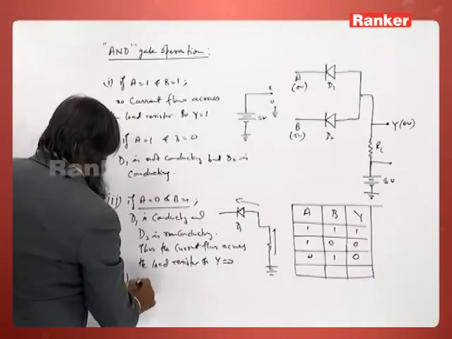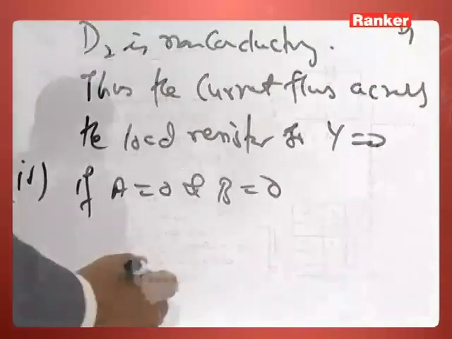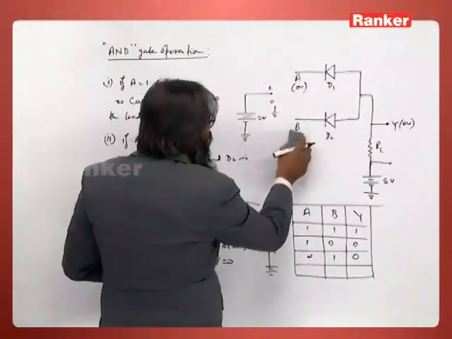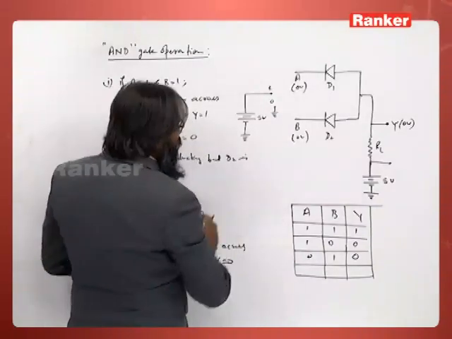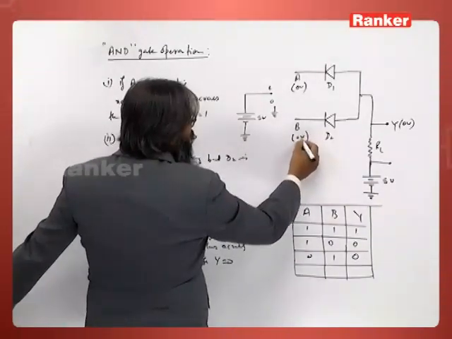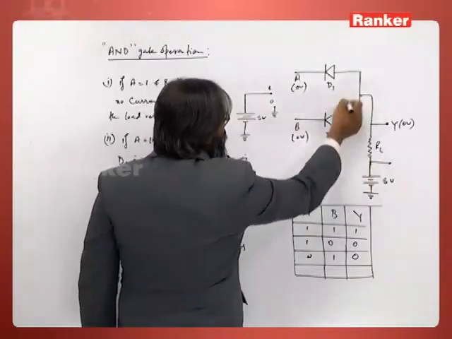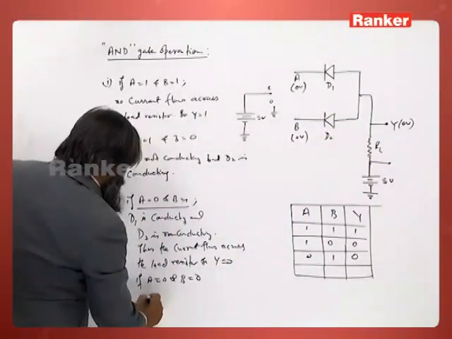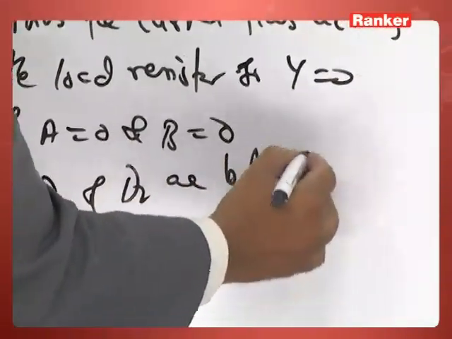Fourth option, if A is equal to 0 and B is equal to 0. So if both are 0, you see if this is 0 and this is 0, so what happens now? Both will be conducting. So current flows, so D1 and D2 are both conducting.